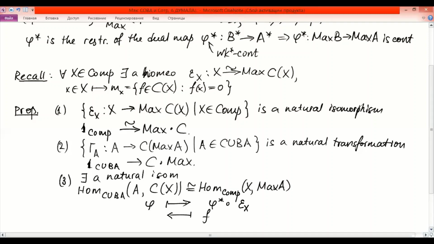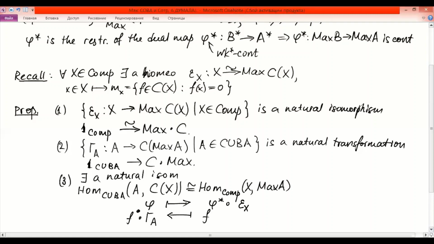If F is a continuous map from x to max of A, then the respective homomorphism from A to C of x looks as follows. First, we apply the Gelfand transform, gamma A, which acts from A to the algebra of continuous functions on max of A. And then we compose it with F dot, and the resulting map acts from A to C of x. I claim that this is a natural isomorphism.